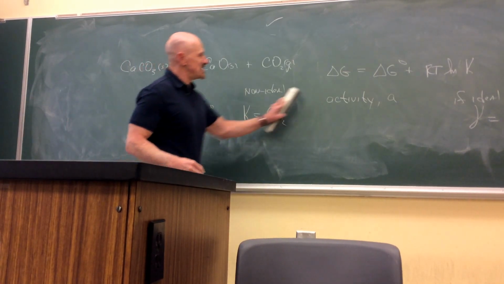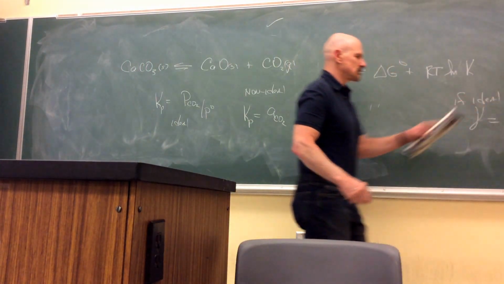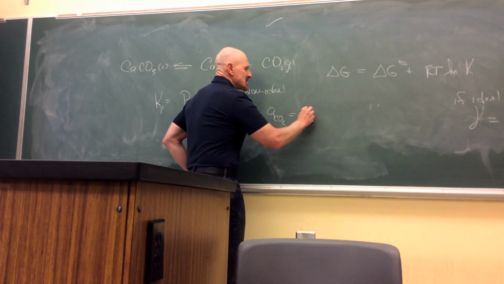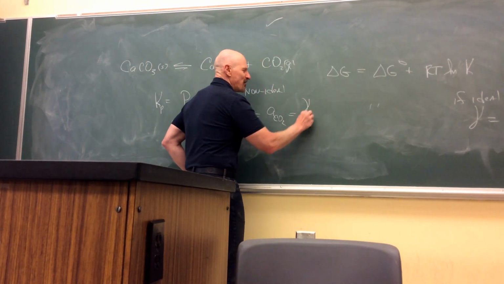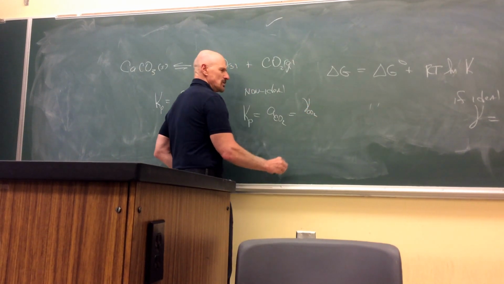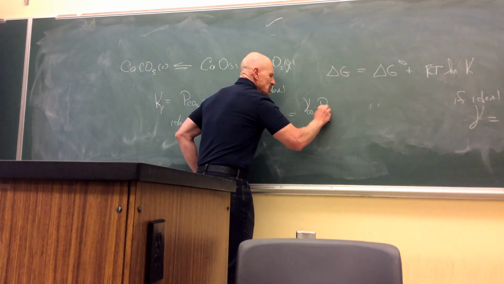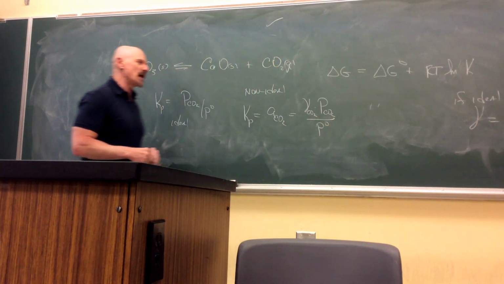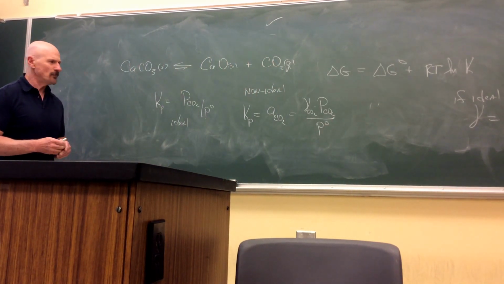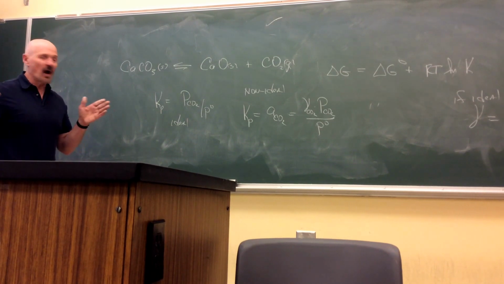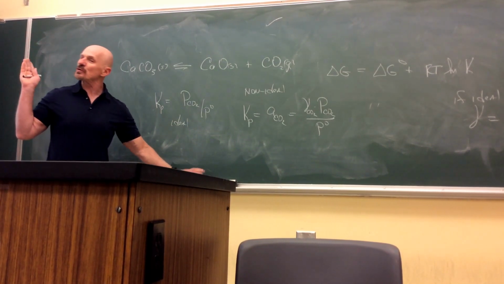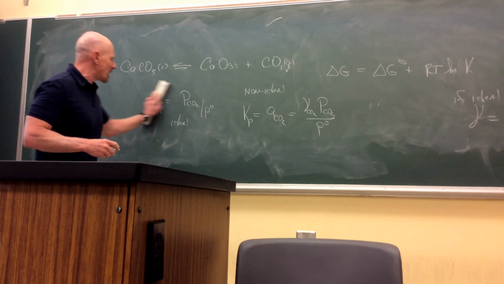Now I'll use this over here, and I will now rewrite this as the activity coefficient for CO2 times the pressure of CO2 divided by 1 bar, the standard pressure. Okay? So just like in an equilibrium constant problem, I would like to know, given a constant, what is the equilibrium pressure of carbon dioxide?